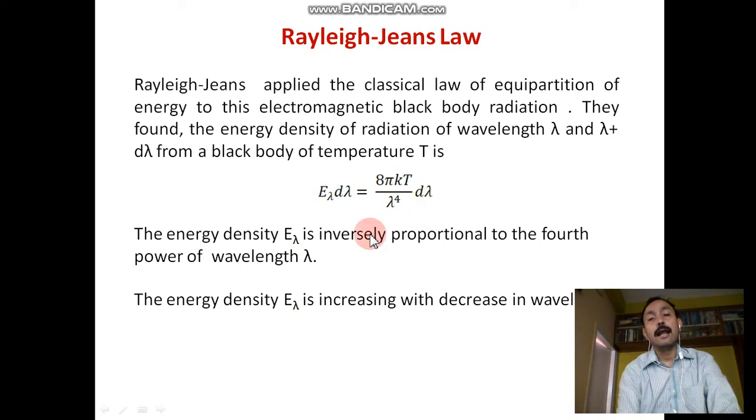That means energy density E lambda is inversely proportional to the fourth power of its wavelength lambda. The energy density E lambda increases with a decrease in wavelength.